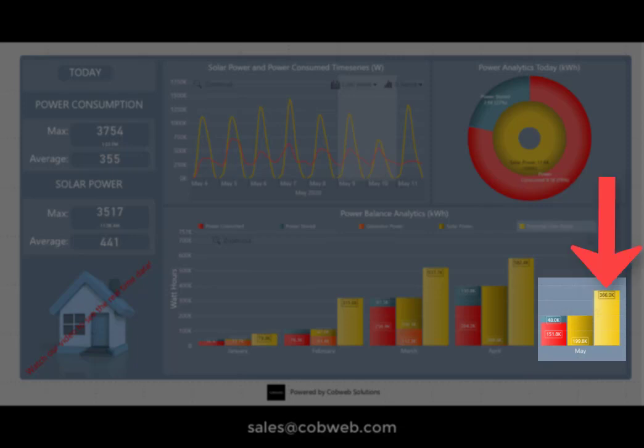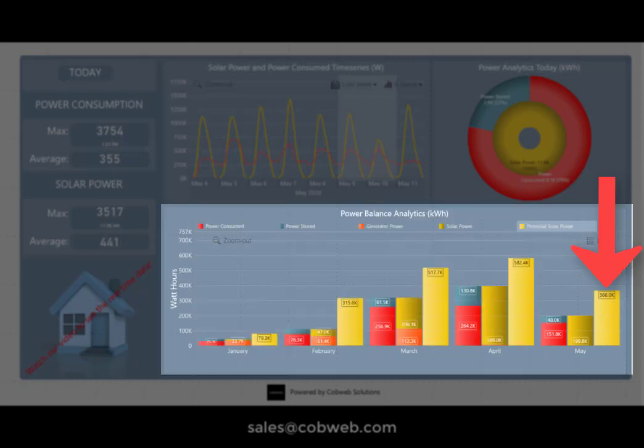The third column in the stack is a representation of how much solar power is potentially available, and this is based on sunrise and sunset times. So it just gives you an idea of what's actually available in terms of solar. Again, if it's a cloudy day, then there will be less solar power coming in, and therefore less stored in the batteries.